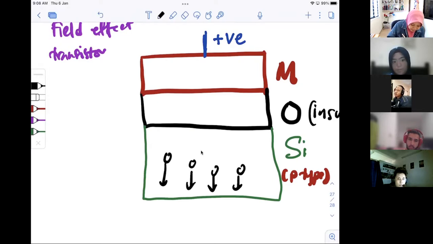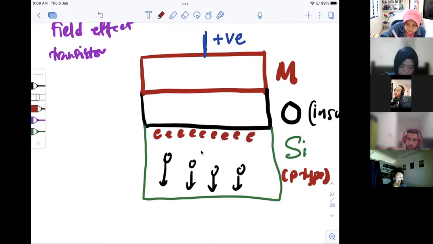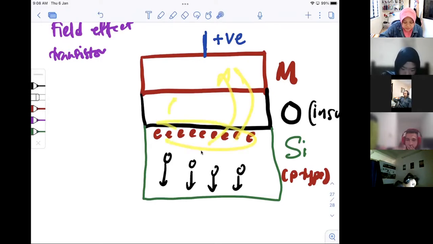So the minority electrons will now be attracted to go to the surface, what's the word that I use? Go to the surface between the semiconductor and the oxide layer. These electrons cannot go beyond because of this insulator.